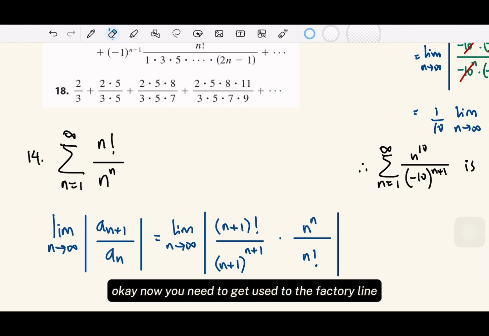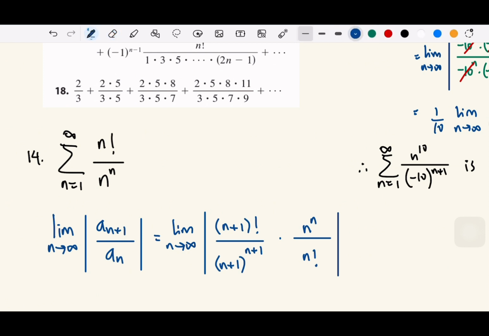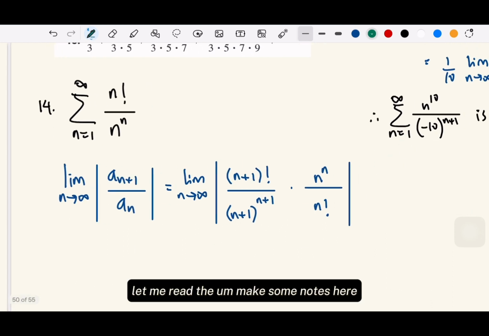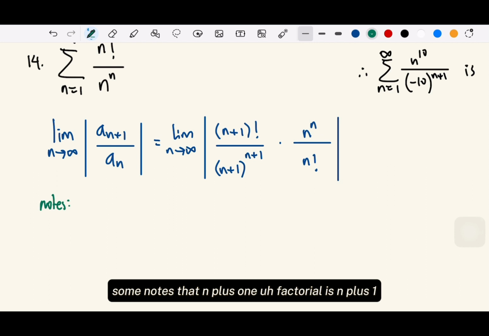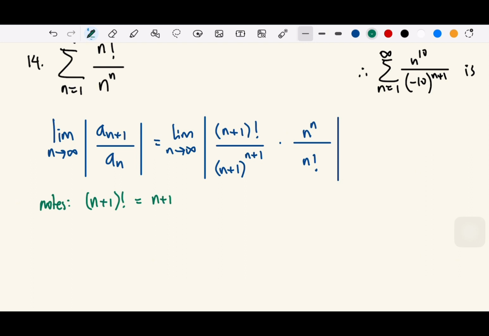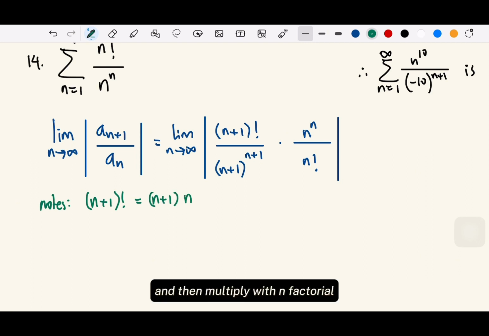Okay, now you need to get used to the factorial line. So (n+1) factorial. Let me make some notes here. Note that (n+1) factorial is (n+1) multiplied with n factorial.